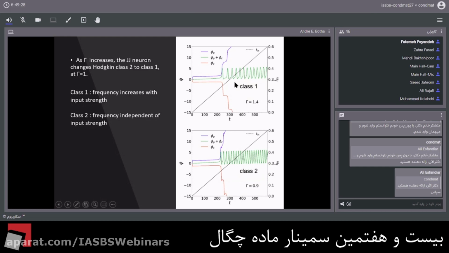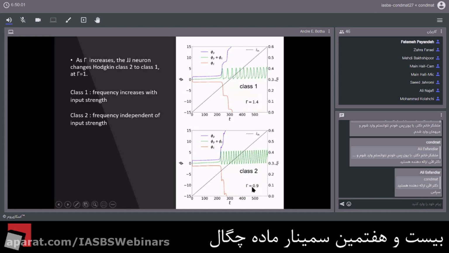So in the top figure here, one can see when the damping is above 1 in these units, then increasing the input current effectively increases the frequency of the firing. You can see clearly here these peaks are widely spaced at the beginning, but they become closer and closer as the input signal is increased.